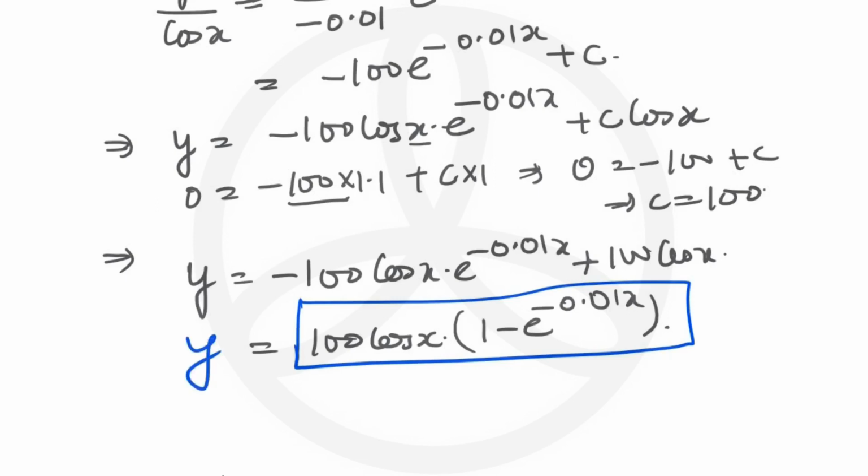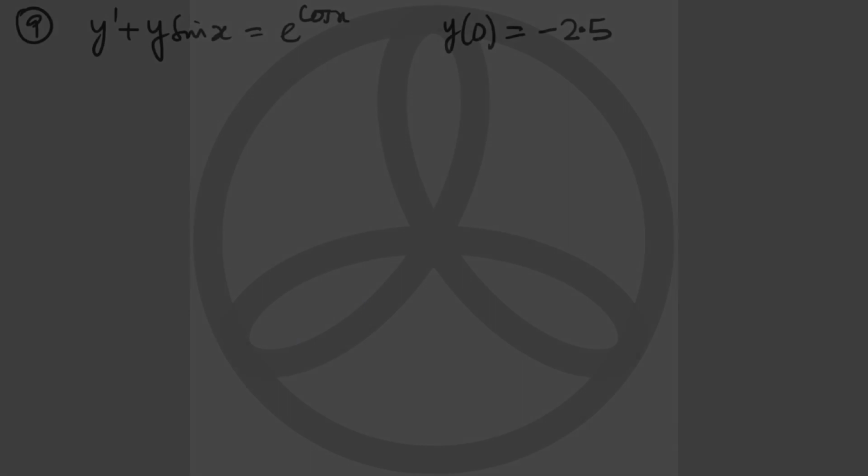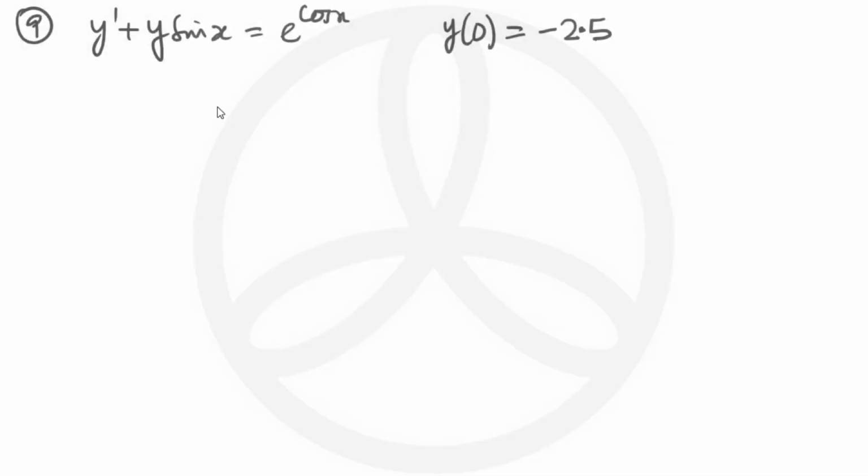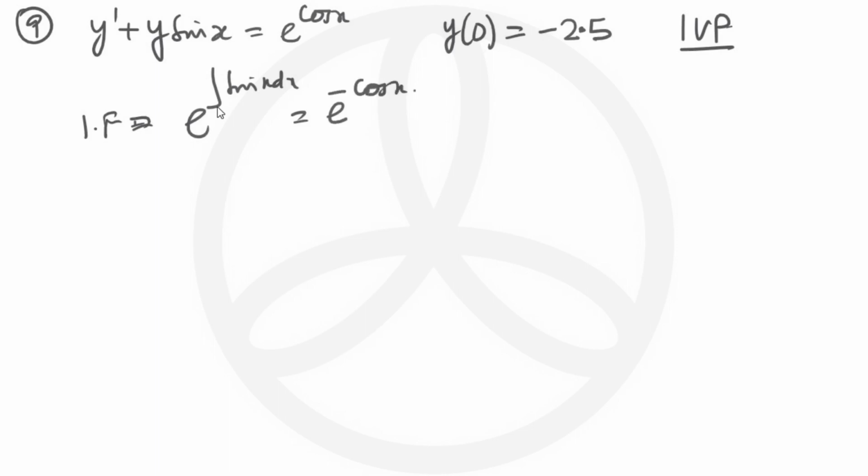Okay, so let us go to the next question. This is the 9th question, which is next. This is an IVP. Okay. The IF will be e to the power integral of sin x dx, and this will be e to the power minus cos x, and we can arrange y multiplied by e to the power cos x.